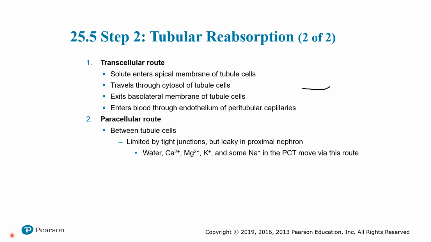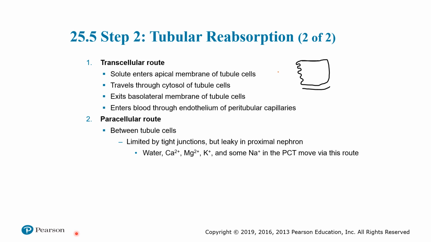The first route is known as the transcellular route. So what is the transcellular route? In this, the solute enters the apical membrane of the tubule cell, then it travels through the cytosol of the tubule cells, and then it exits at the basolateral membrane of the tubule cell.